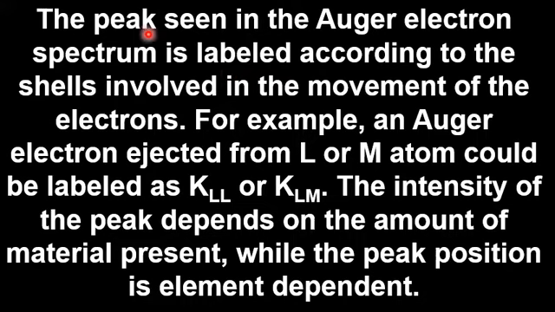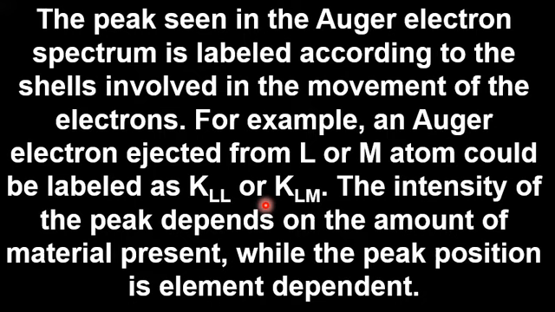In simple words, the peak seen in Auger electron spectroscopy is labeled according to the shell involved in the movement of electrons. For example, an Auger electron ejected from the L or M shell could be labeled as KLL or KLM.